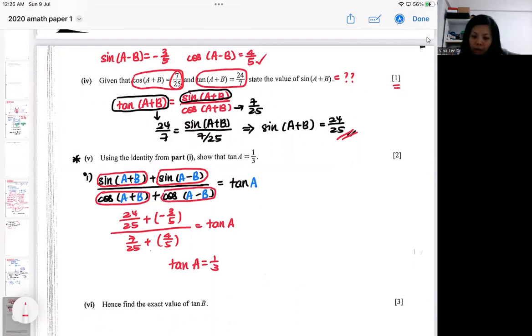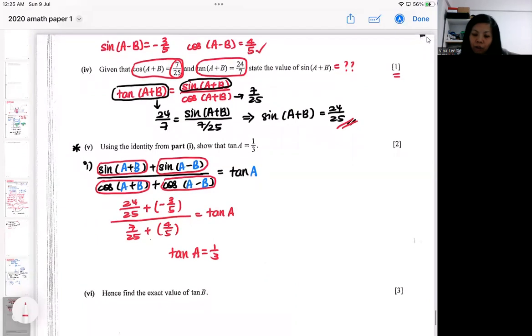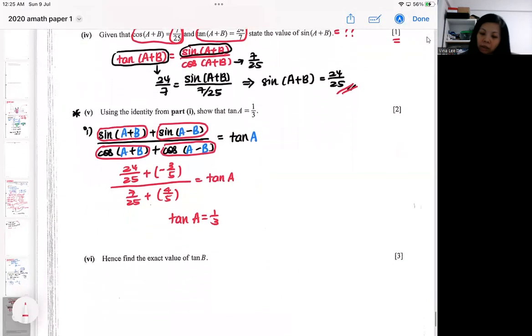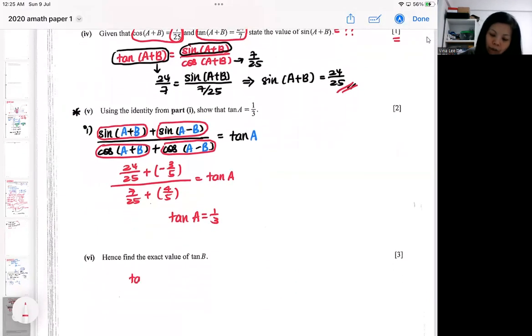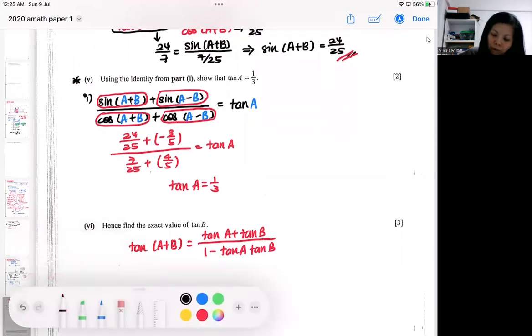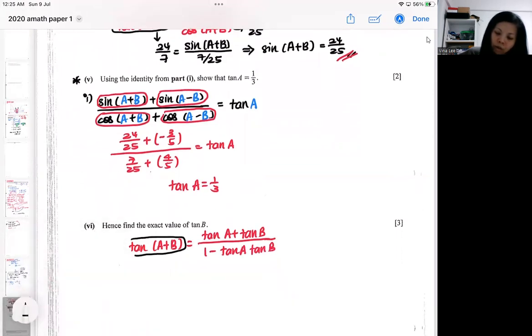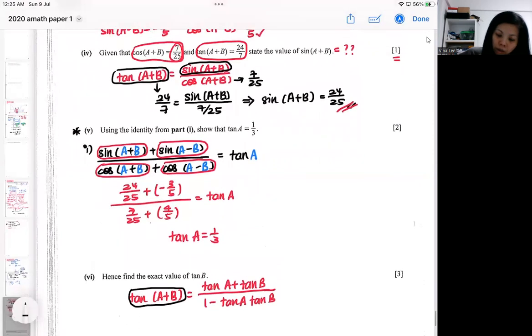Then after that, I am supposed to find tangent B. Now this is the time that you should be thinking of the addition formula that's provided. So look at the addition formula that is provided. You write it out first. As you write it out, you can insert whatever you have. You have the tangent A plus B. It's already given to you.